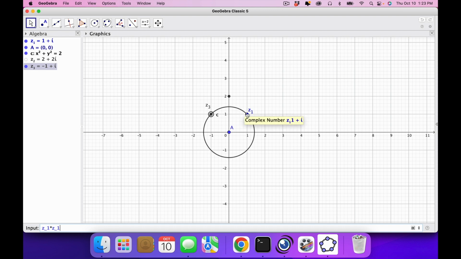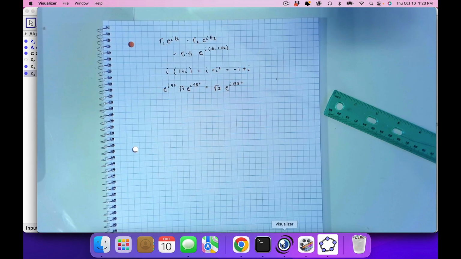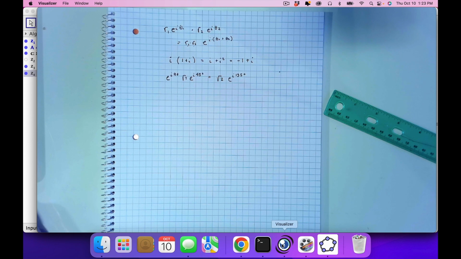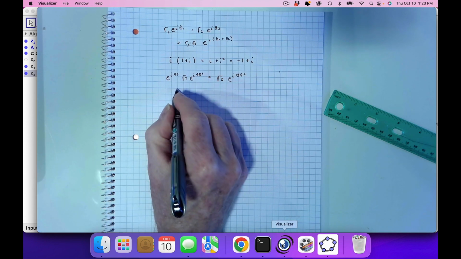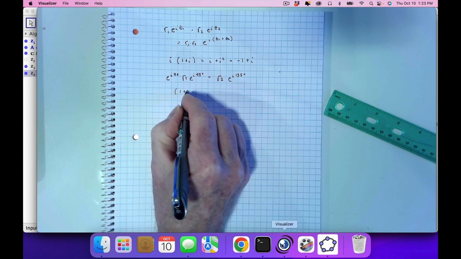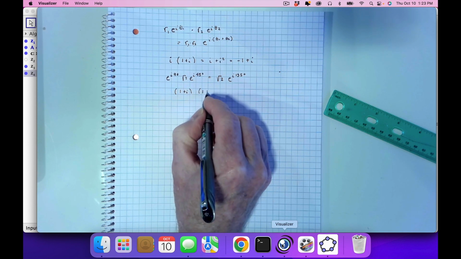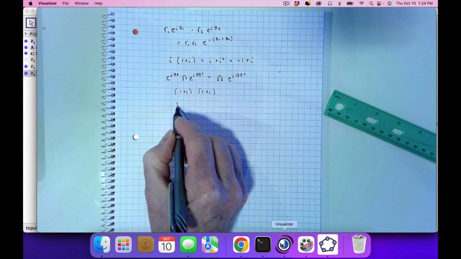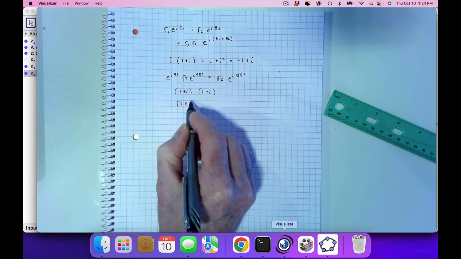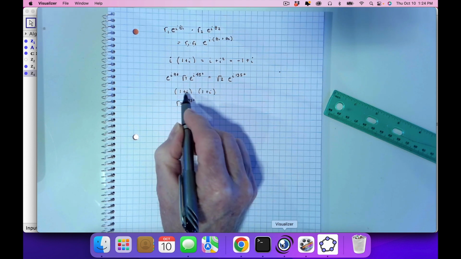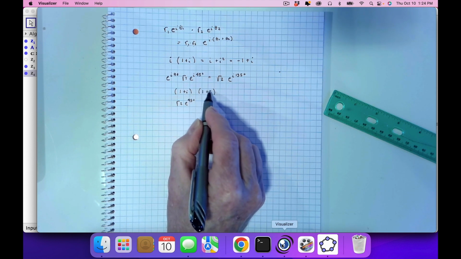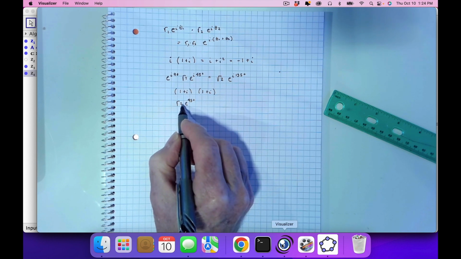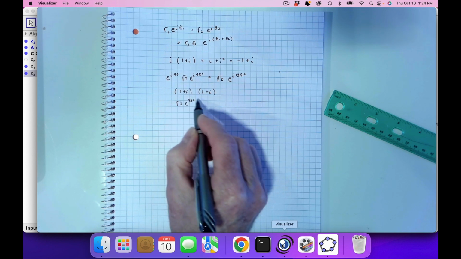All right. We'll go back to here to see what happened with that problem. We took 1 plus i and multiplied by 1 plus i. Well, this number right here is square root of 2 at 45 degrees. So when you multiply this by this number, it says take this number, multiply the magnitude by the square root of 2, and rotate it 45 degrees.